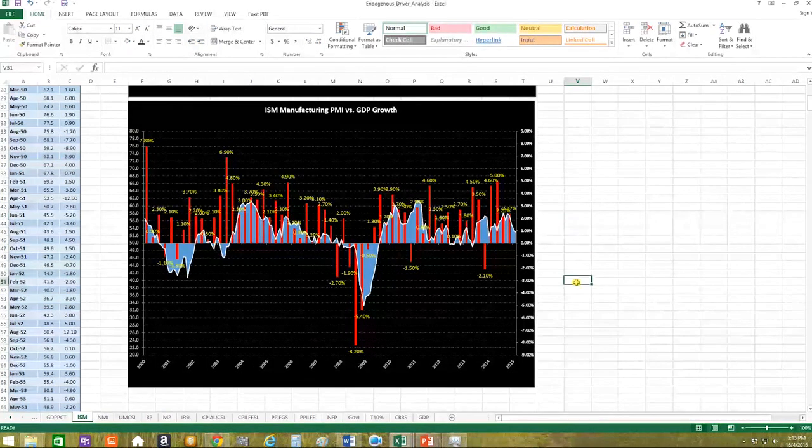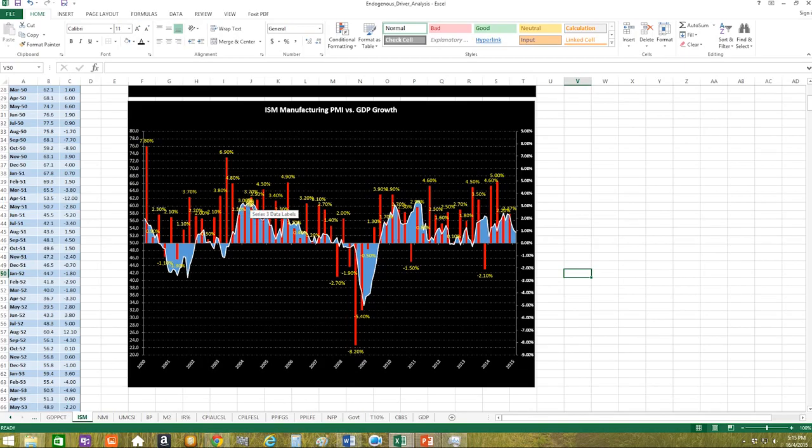So the 4 things to remember with the ISM, the 4 things to really understand are the principles of growing and contracting. So 50 and above predicts growth. 50 and below predicts contraction. But also we have peaks and troughs. So the peaks in the ISM are when inflation essentially is extremely high and potentially out of control.